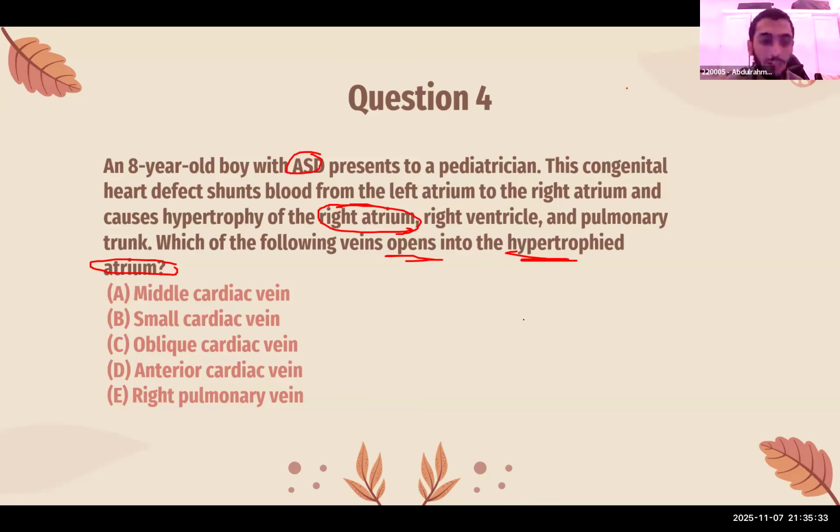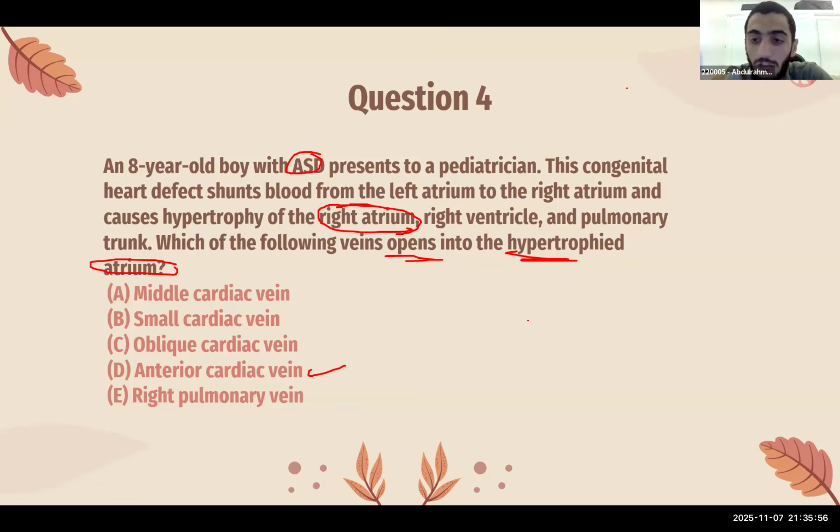Now, here's another question from me. List three other structures that open directly into the right atrium. Three other structures that open directly into the right atrium are your IVC, SVC, and the coronary sinus. Exactly.